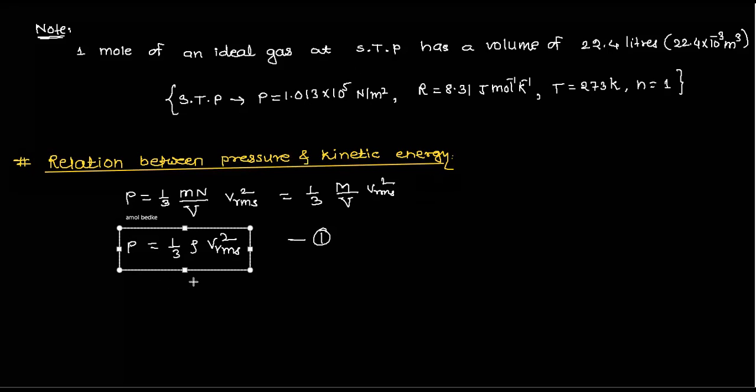Now, energy E is equal to 1 by 2 m by v into v RMS whole square, that is also equal to 1 by 2 into rho v RMS whole square. Call this equation number 2.